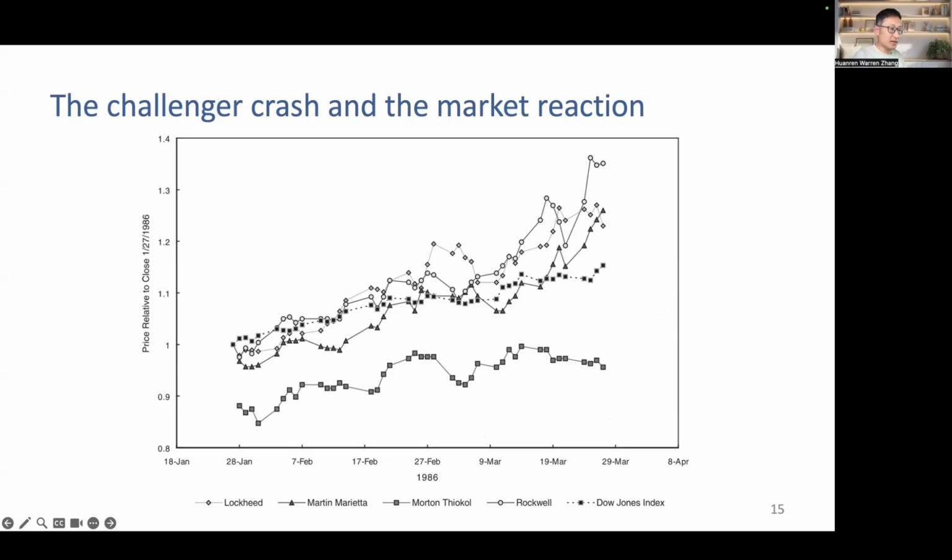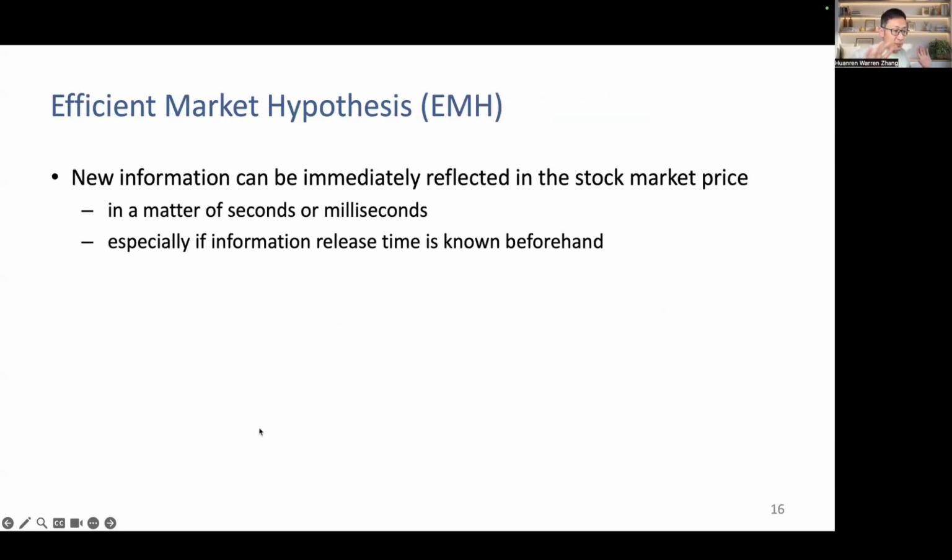So the information, once it's released, sometimes even private information, can be quickly incorporated into the corresponding asset prices. So the previous examples that we have seen provide evidence that new information can be immediately reflected in the stock market price.